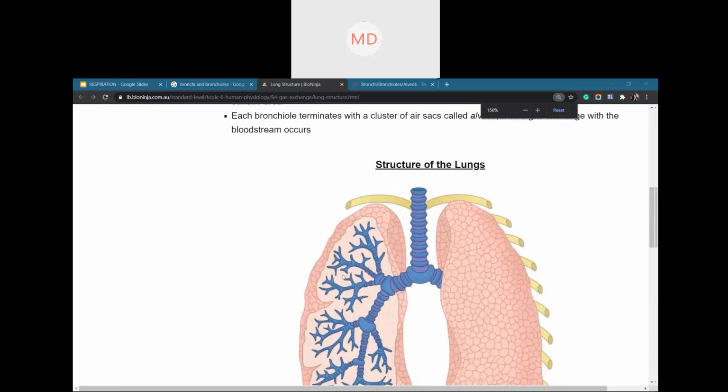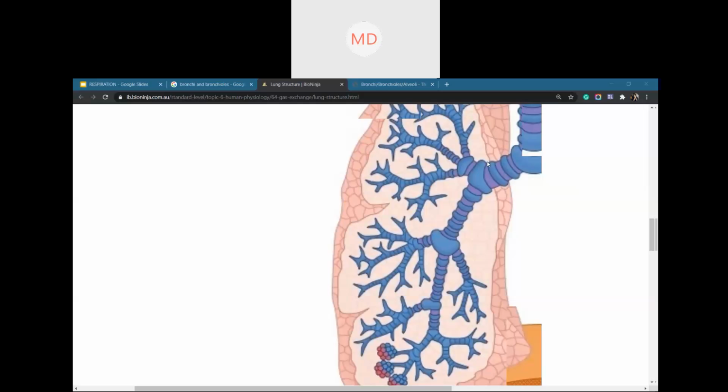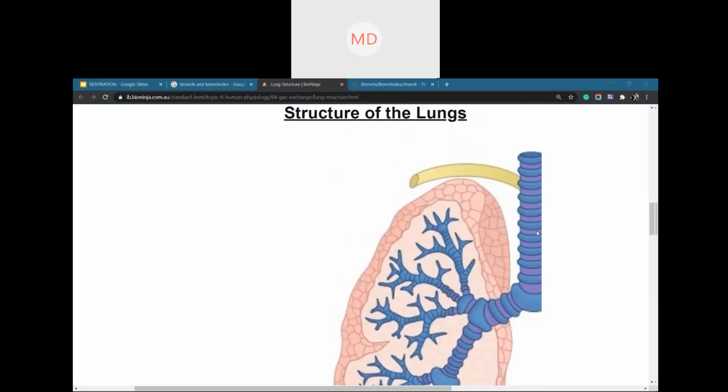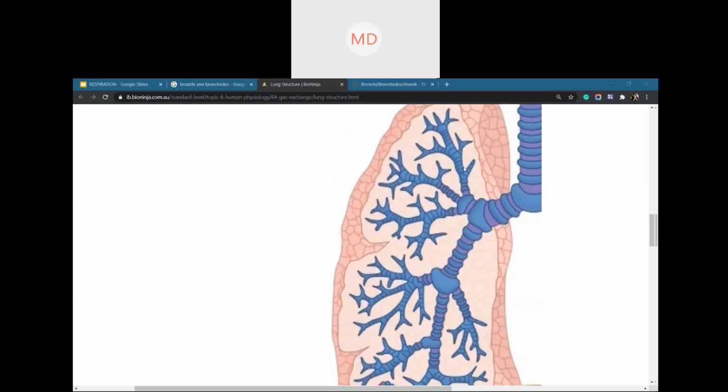You can see, many are there. These are the tiny air sacs known as alveoli, and these are the bronchioles, and this is the bronchi. So this is the diagram. The big one is the lung.